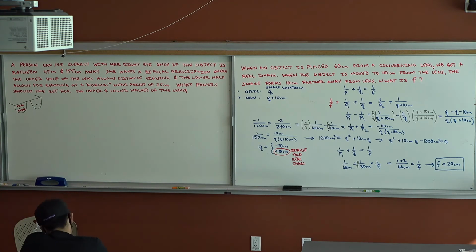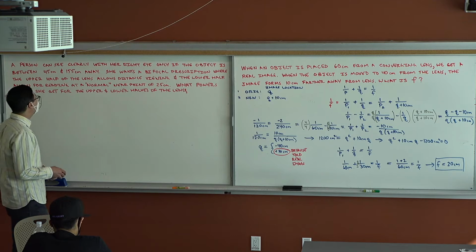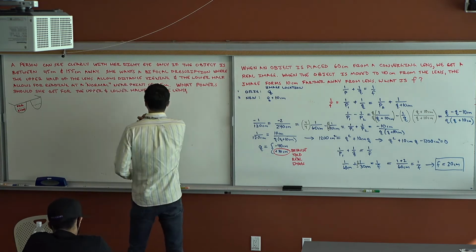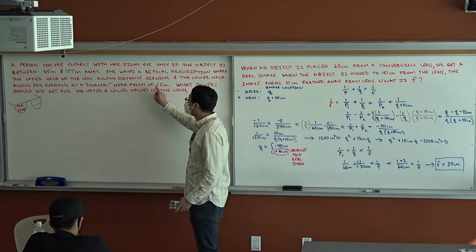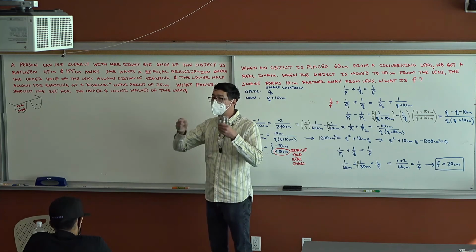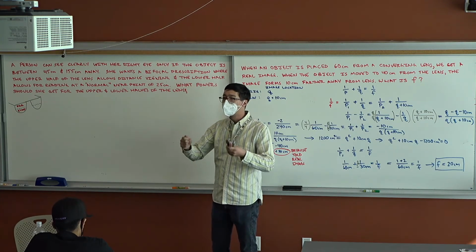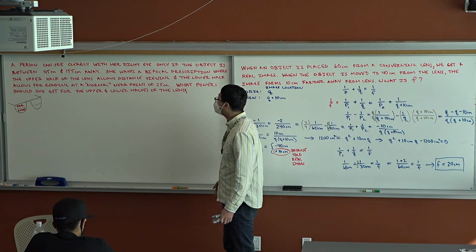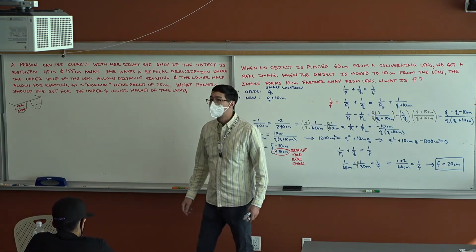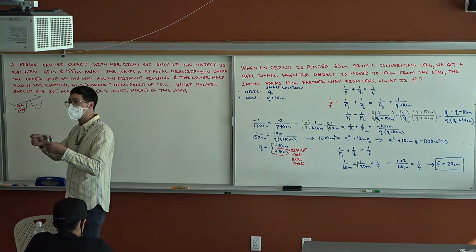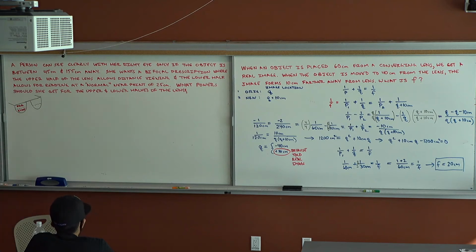And so she needs bifocals. We're going to look at her right eye. We want to return her near point so that she can hold things and see to about 25 centimeters. That's kind of an average thing that allows you to not have to stretch your arms.